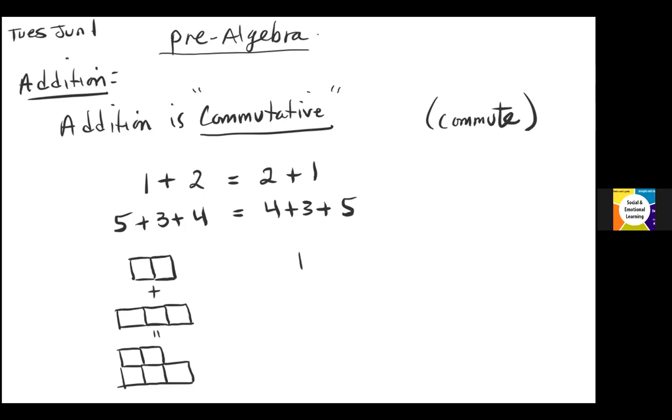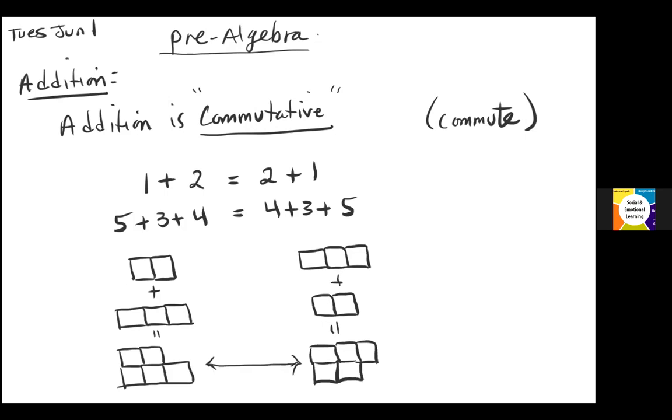Whereas if we decided to add 3 boxes plus 2 boxes the other way around, we're going to get 3 and 2 boxes. Now you might say these pictures look different. This one is a reflection of this one. It almost looks like it's been flipped upside down. But the point is that we have the same number of boxes.